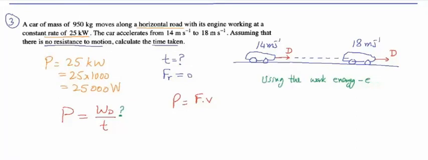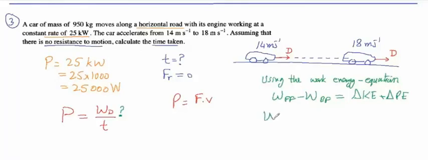Okay, so the work energy equation means that the work done by the forward forces minus the work done against the backward force is equal to change in kinetic energy plus change in gravitational potential energy.